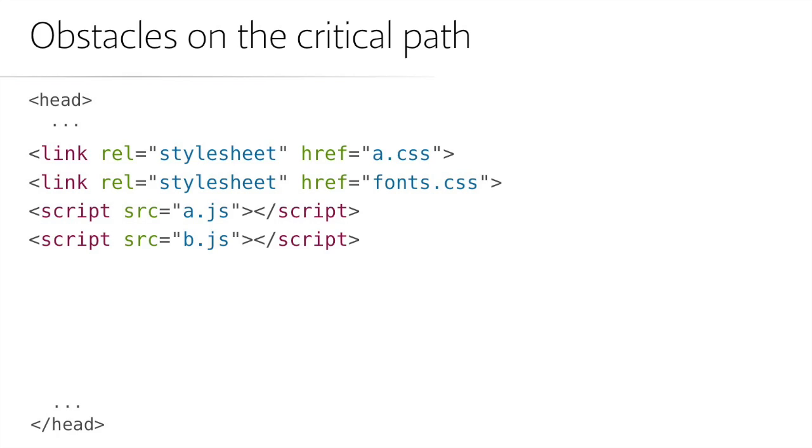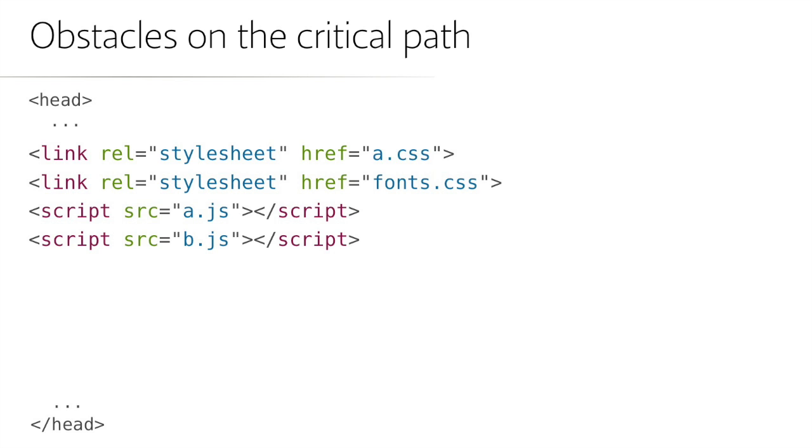Like this fence in the woods. In the context of web pages and delivering them, we don't want obstacles at all on that critical path. Probably don't want them walking through the woods either. But we want the shortest, fastest path to rendering our pages. And oddly enough, some of the standard ways that we've been building sites for ages now act sort of like obstacles on that critical path to rendering our page.